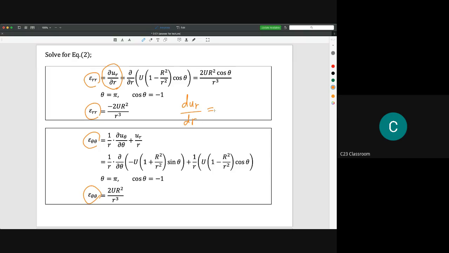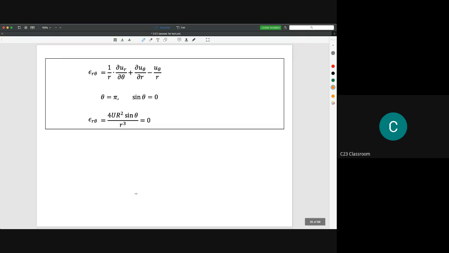So when you write by hand, please write d over dr of UR. That means you differentiate this velocity term with respect to r. Then you will get this value. You substitute the coordinates here, and then you will get the answer. So this is all the answer from the equation in the textbook. You substitute the values, and you will get the result.